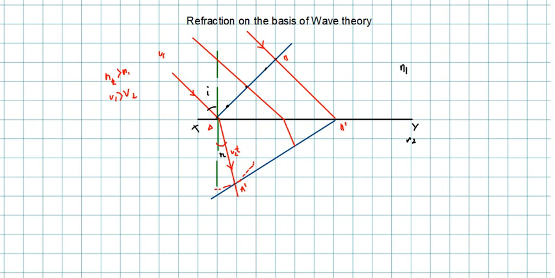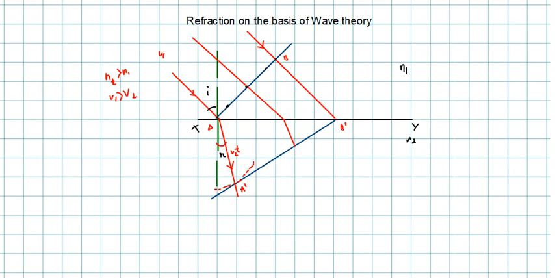So right now you can concentrate on that. So if this is R, we can see that when this plane wavefront AB strikes the interface, as the point A strikes the interface first, it generates hemispherical ripples of radius v2t, which travel in the denser medium with the velocity v2.